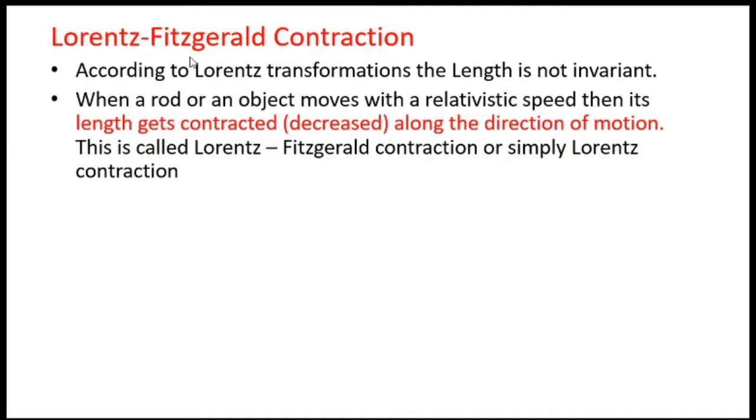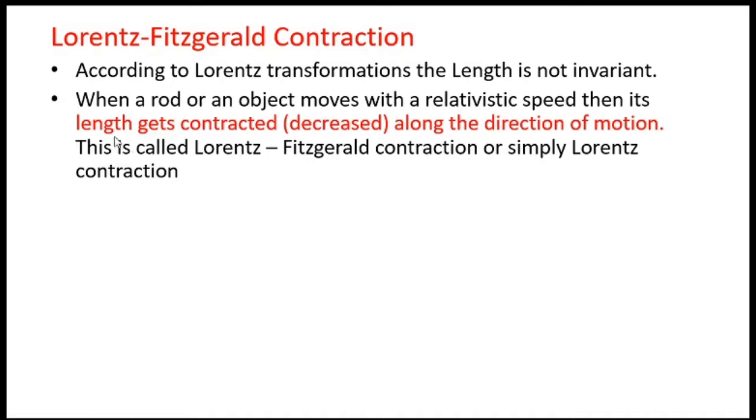Now according to Lorentz-Fitzgerald contraction, when a rod or an object moves with a certain relativistic speed or velocity, then its length gets contracted or decreased along the direction of motion. Now this particular phenomenon is called the Lorentz-Fitzgerald contraction or simply Lorentz contraction.